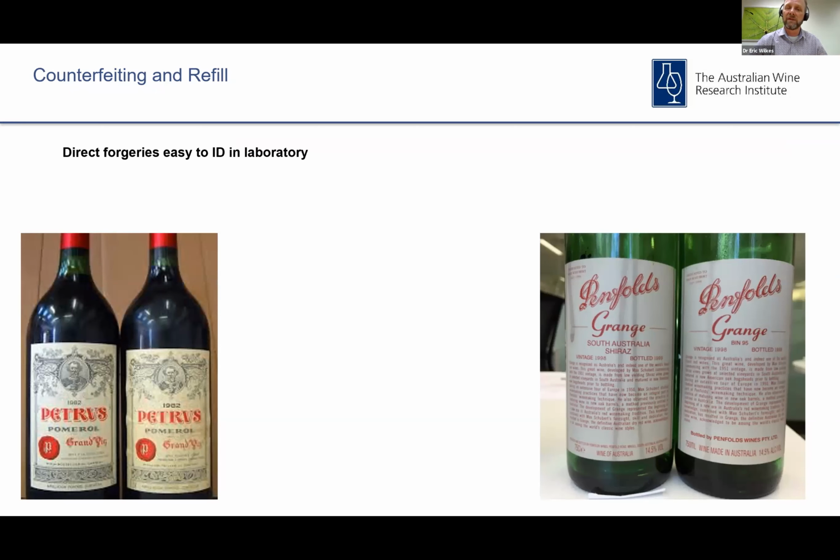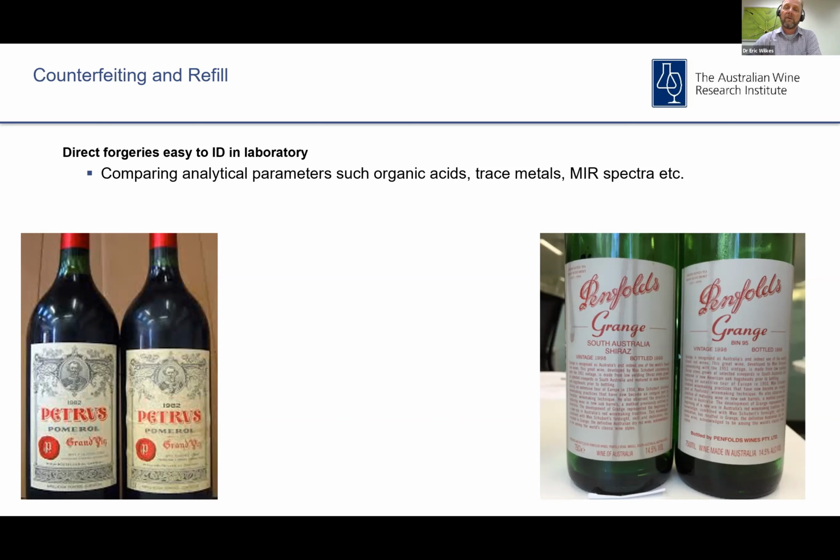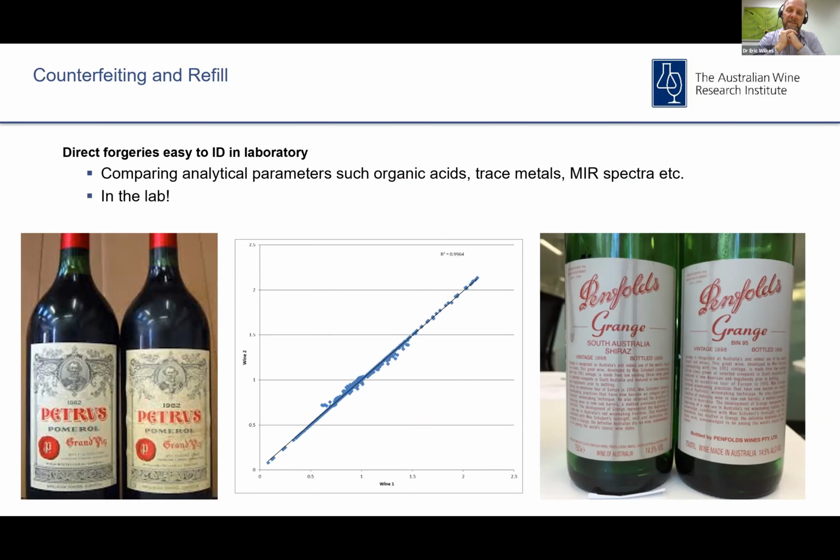They don't need $1 million worth of equipment, and it doesn't take very long to do. We usually use tools like looking at organic acids, trace metals, or mid-infrared spectra. And we can use this to put together often 400 or 500 data points within literally 2 hours and say with more than 99.99% confidence, is this wine the same as the reference bottle that we've been given?